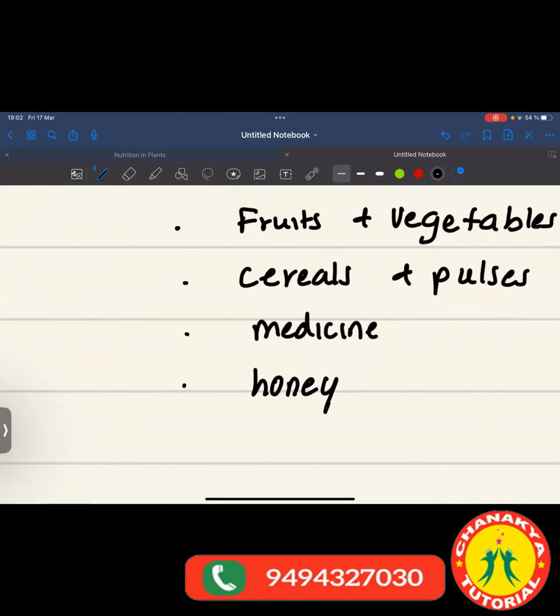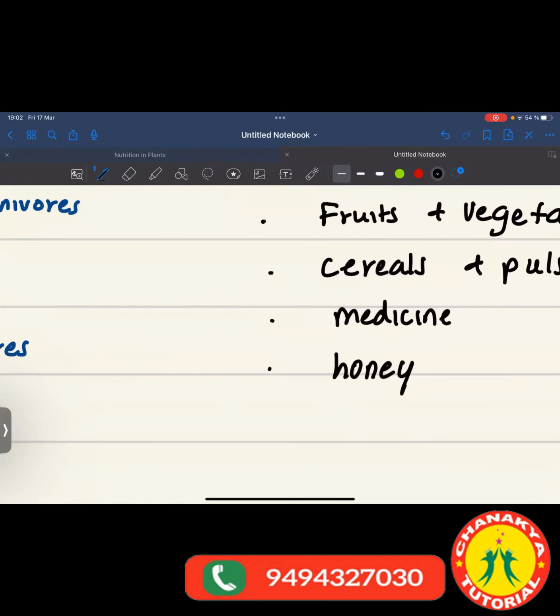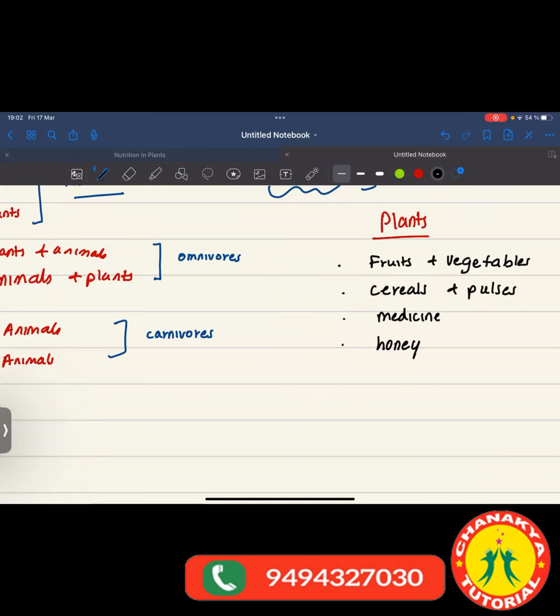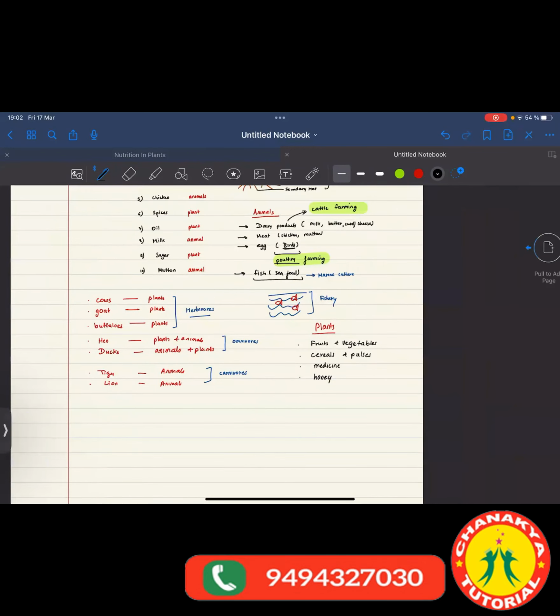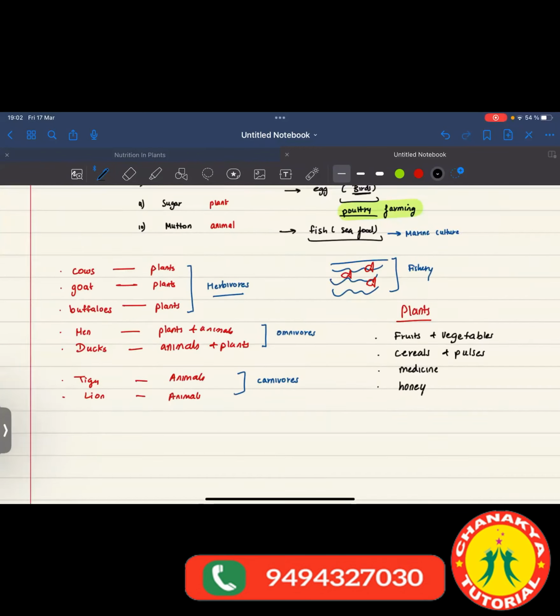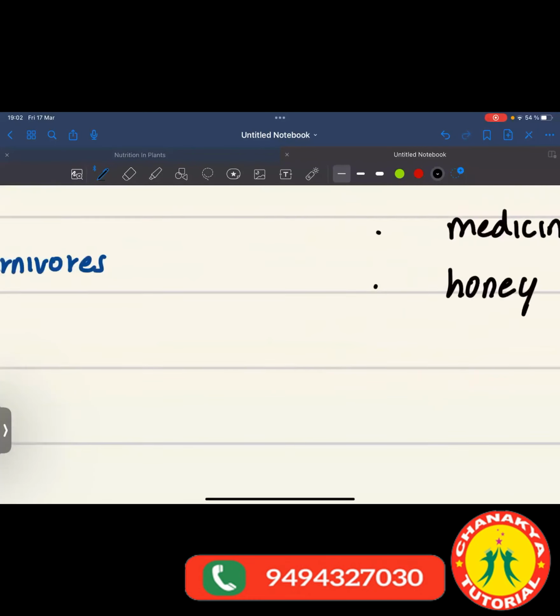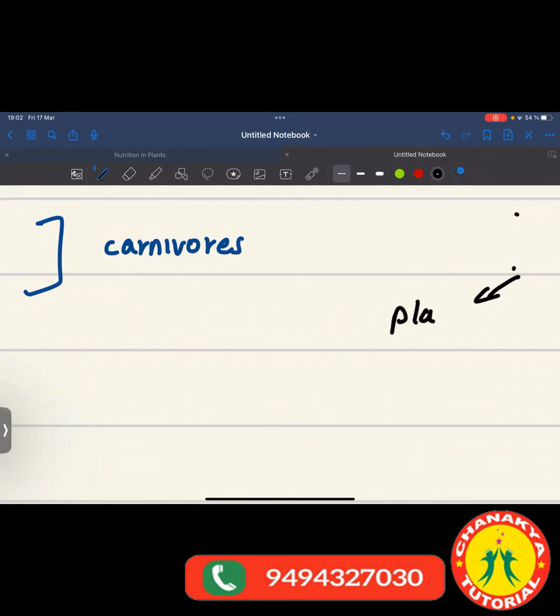So you know that the honey that we get from honeybee, the bee is getting it from the plants. Okay, so this honey that we get from plants is known as nectar. All right.